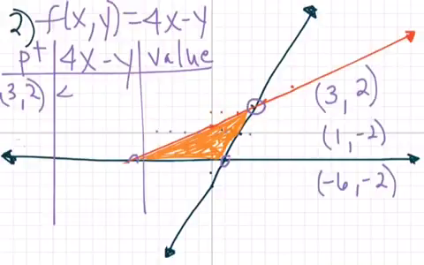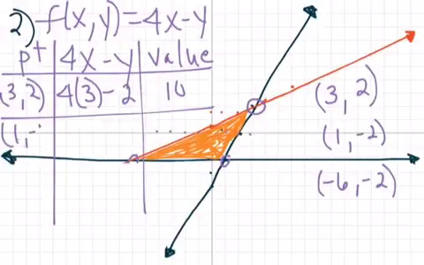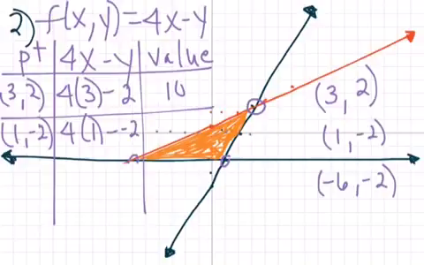So we'll put 3 in for x and 2 in for y. 12 minus 2 is 10. Then our next point is 1, negative 2. So x is a 1 minus a negative 2. So 4 plus 2 is a 6.